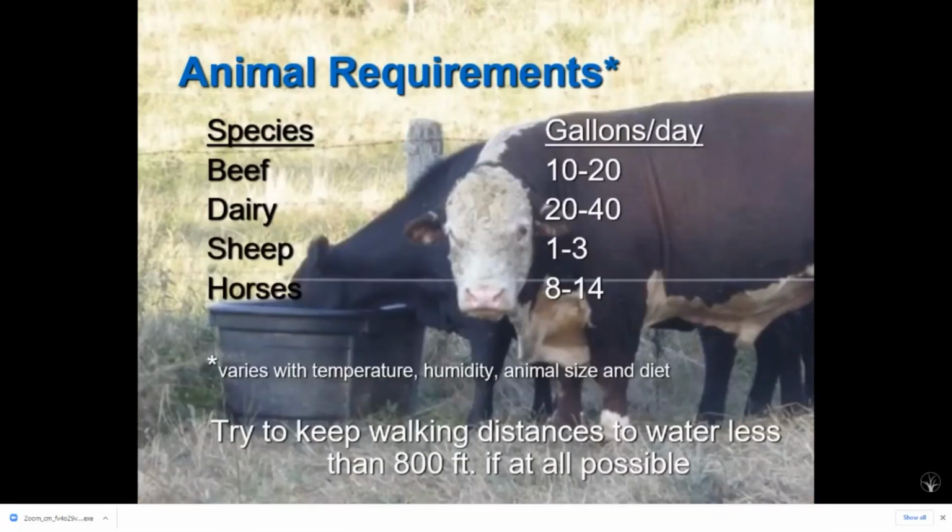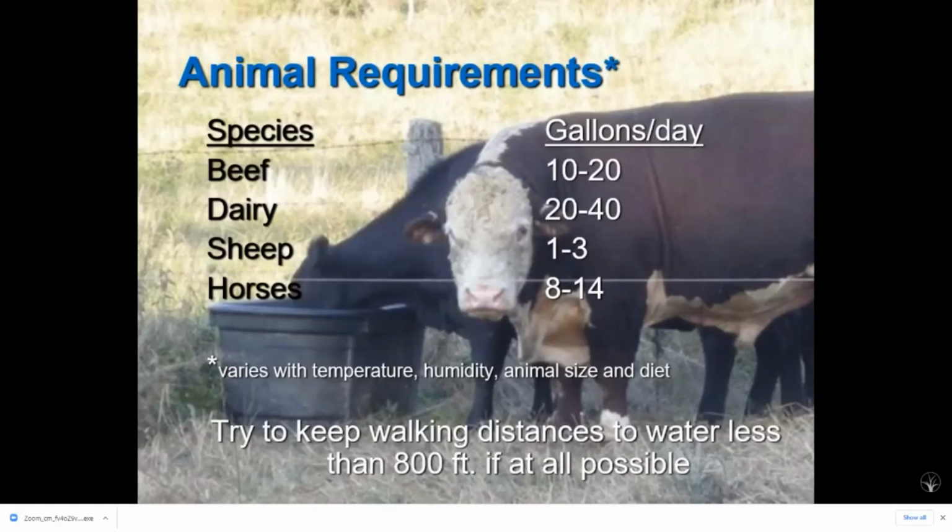In any water discussion, I think it's important for us to realize how much water our livestock actually drink. Just as with grazing, I always like to point out how much forage our livestock actually consume in a day. I think it's important for us to realize how much water they actually do consume. You can read those slides, but you see that all of them have a range, and that range is dependent on the size of the livestock. It's also dependent on temperature, humidity, and a lot of other factors as well.